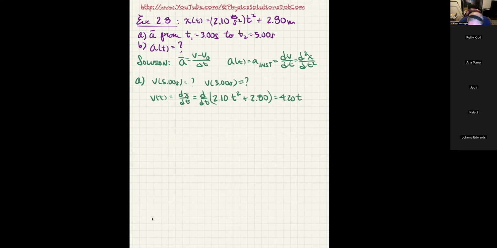And then, of course, the 2.80 just completely disappears because that's a constant term. So now I can say v of 5.00 seconds is equal to 4.20 meters per second times 5.00 seconds. Notice it's not squared anymore. 5 times 4 gives me 20. 5 times 0.2 gives me 1. So this is going to be 21.0 meters per second.